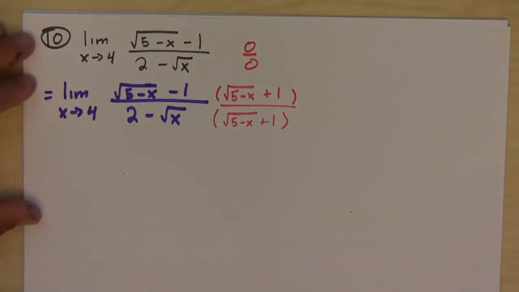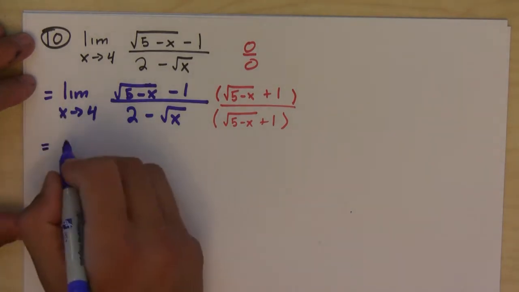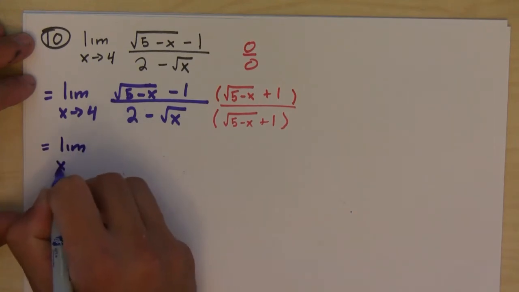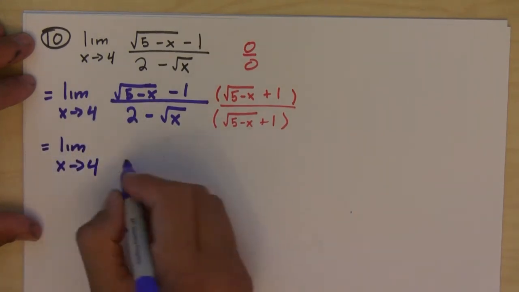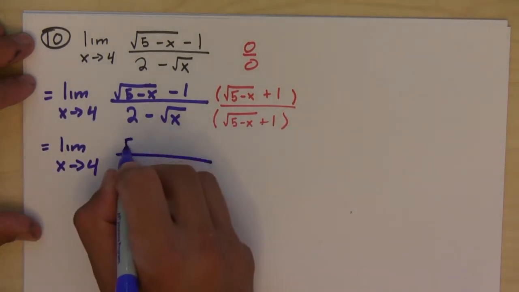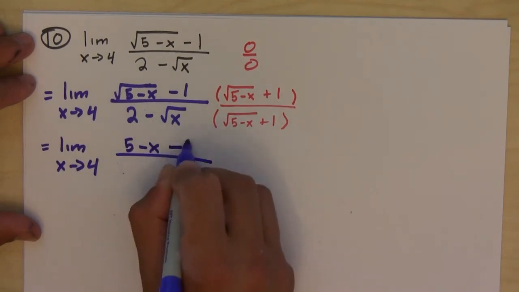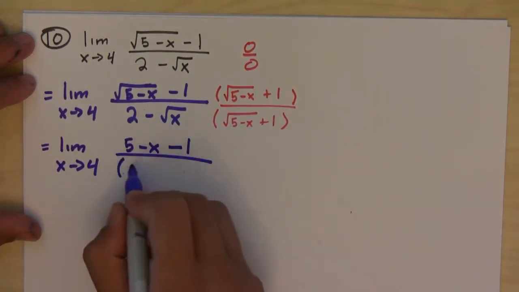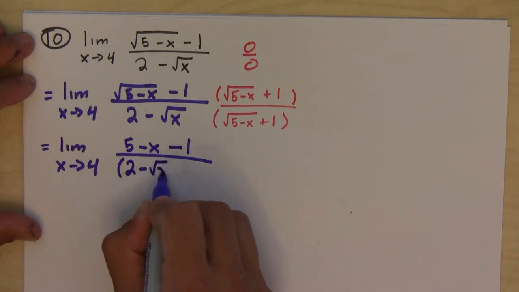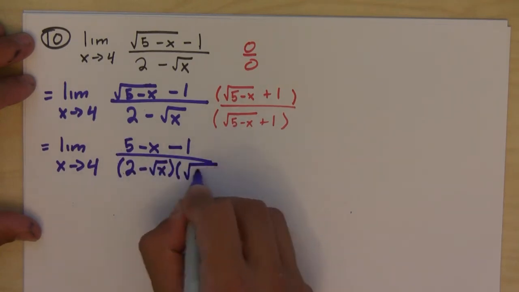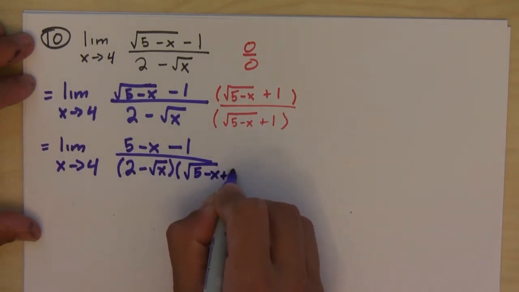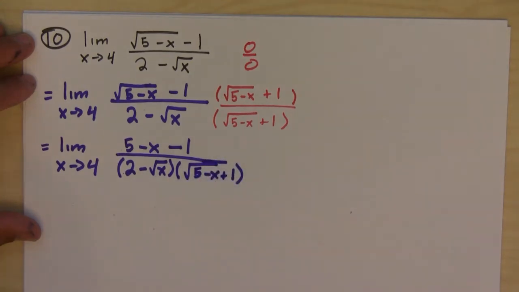Okay, so what I would get then is on the numerator I would get 5 minus x minus 1, and in the denominator I'm going to get 2 minus square root of x times square root of 5 minus x plus 1.